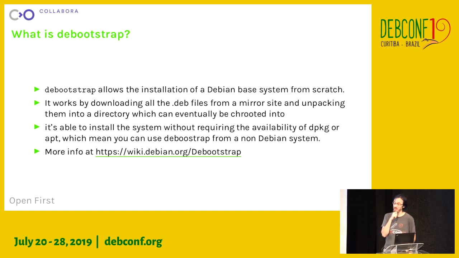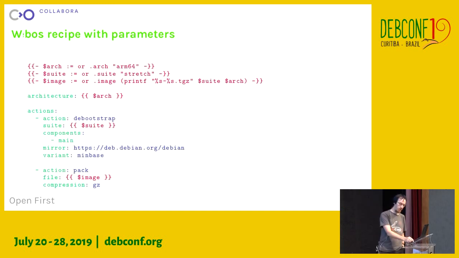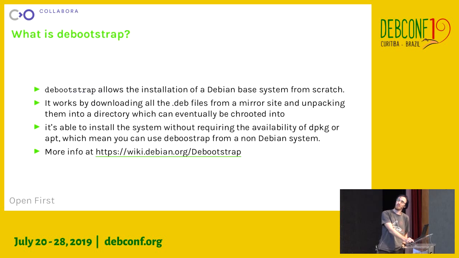Basically, it downloads the base system and any packages you want on top of it, and extracts them without actually having the package manager or apt inside of the root. And you can also obviously run it on a non-Debian system because it doesn't require the package manager or apt. So Debos can run debootstrap to generate the root file system.